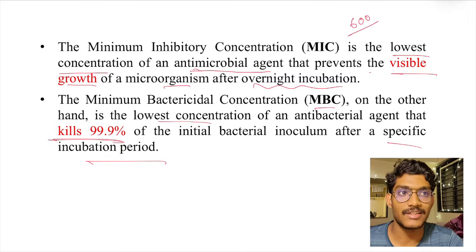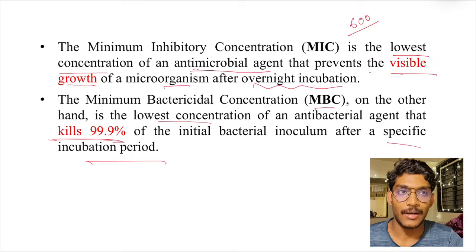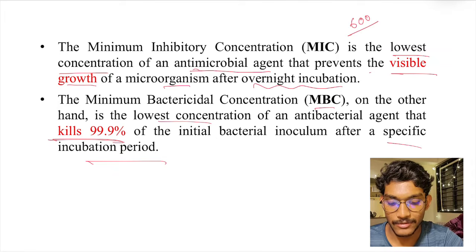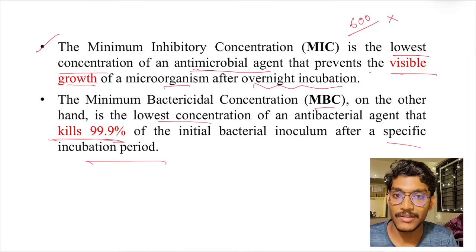If we get a certain value, there is visible bacterial growth. But after adding a certain concentration of antibiotic, if there is no growth, then that minimum concentration will be the MIC value. For determining the MBC value, visible growth is not sufficient. We need to confirm that 99.9% of bacteria are killed in the media.